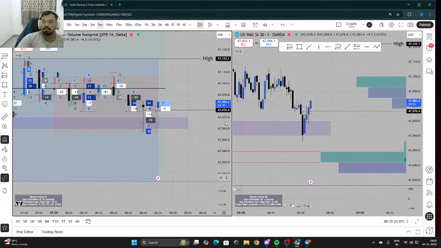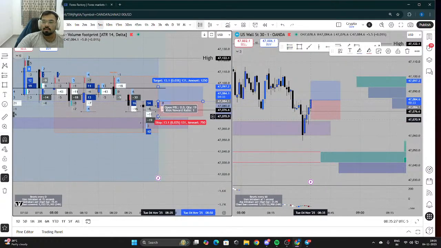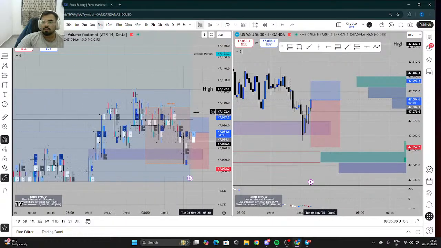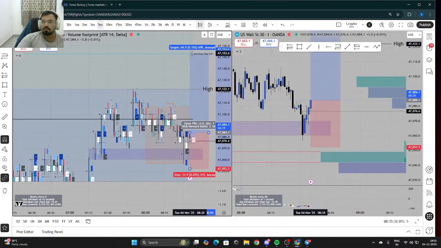If you want, you can take this. This is a B setup trade idea. You can take this trade, take it to here.